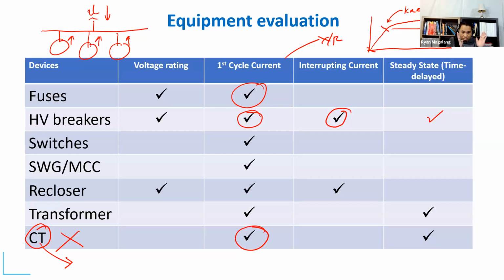If not, try mong hanapin yung closest model na may kaparehong curve characteristic doon sa mga old breakers. Sa mga bagong breaker, madali. Walang issue. Mahahanap mo kahit sa online yung mga TCC.